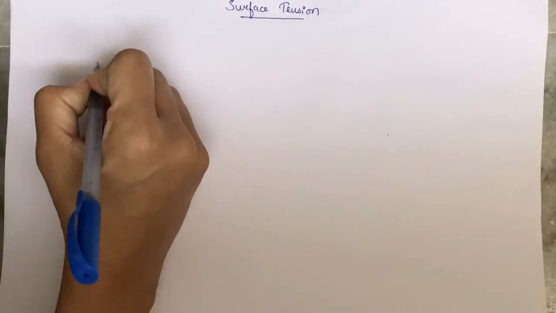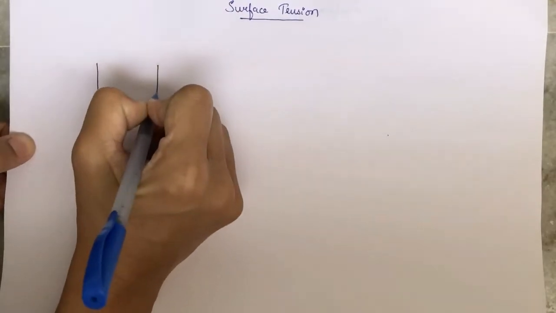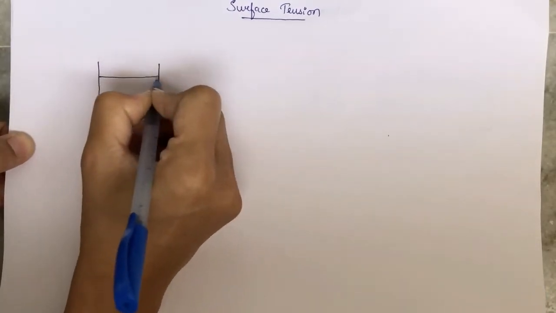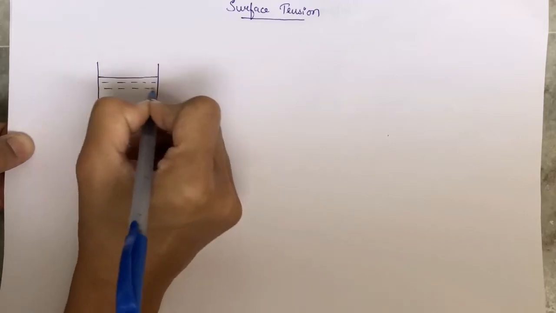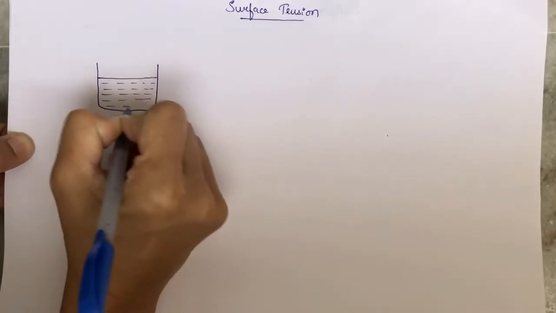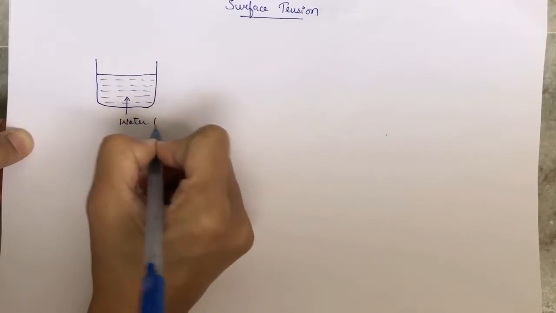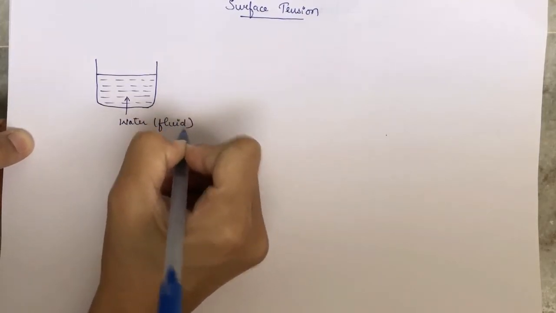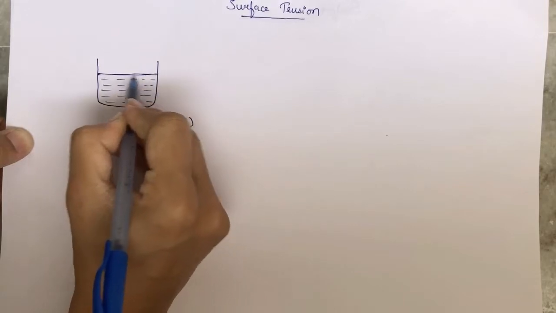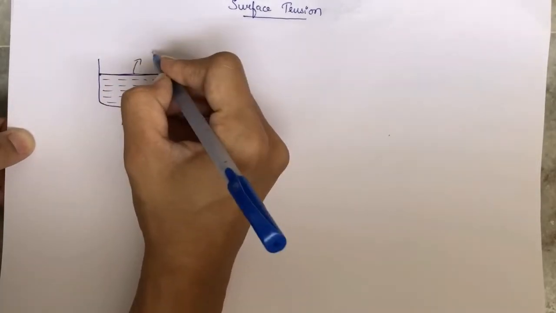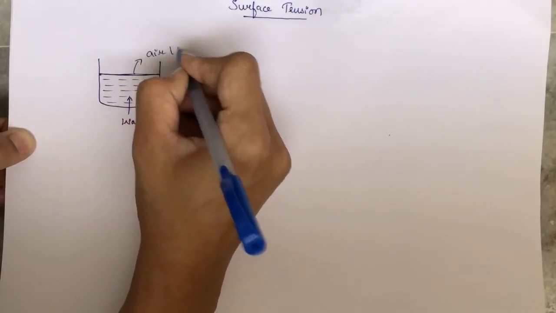So here I am drawing a bucket in which water is filled. There is a fluid called water, and above the surface of the water there is another fluid which is known as air, right?